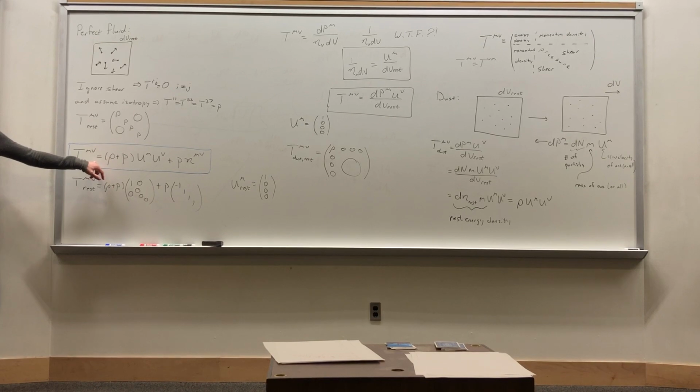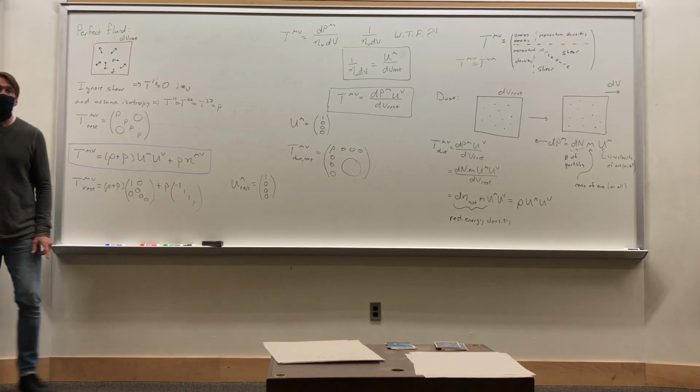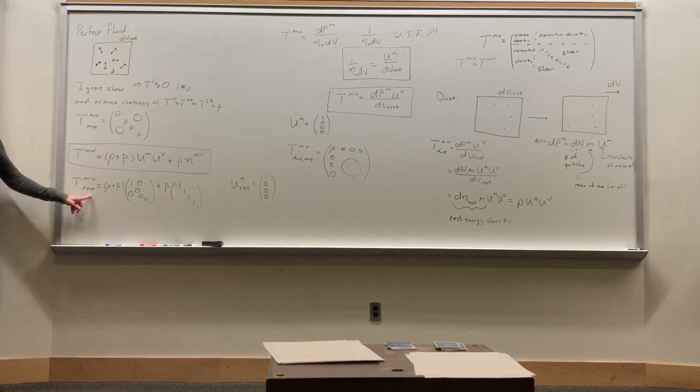So this is a rather powerful result. But once again, here's one of the most important observations about it. It's a tensor equation. This is a tensor, that's a tensor, that's a tensor. This equation, although it does reproduce the results for the rest frame, is true in any frame.